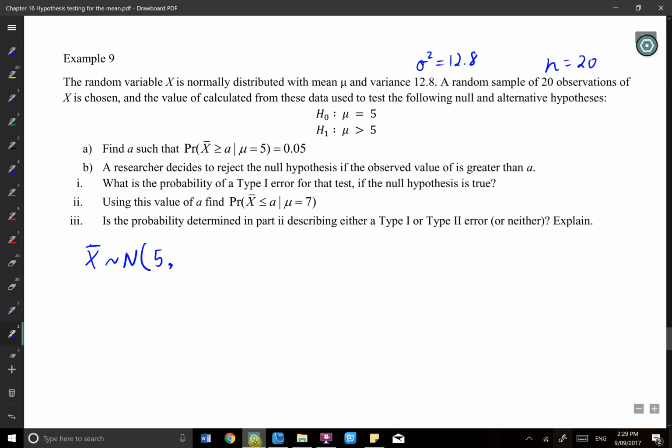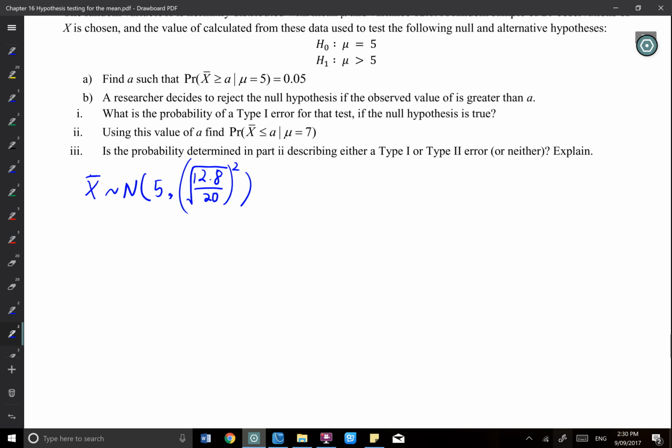The standard deviation is the standard deviation divided by square root of 20, but you have the variance now, so it's the square root of 12.8 over 20. That is your standard deviation for x bar. So now you have a distribution like that.